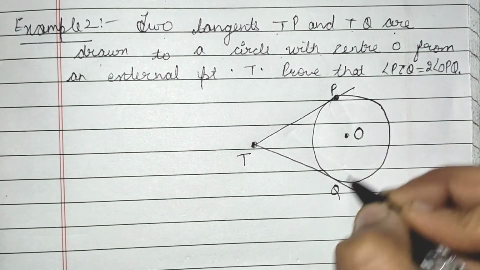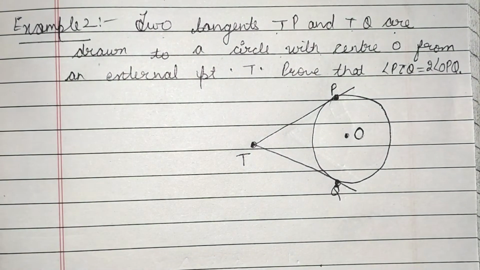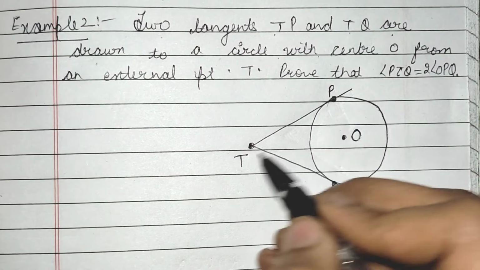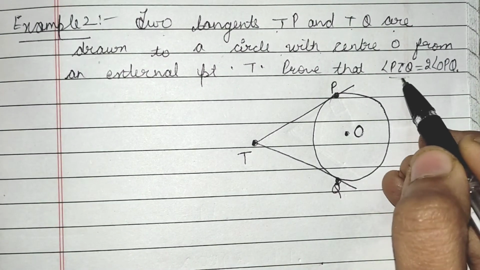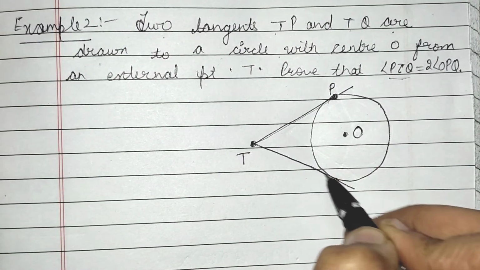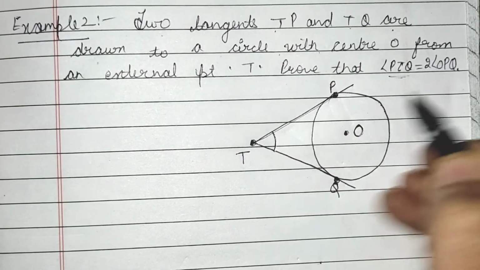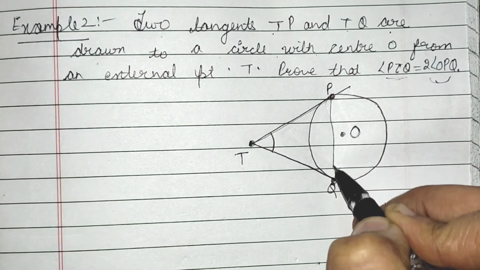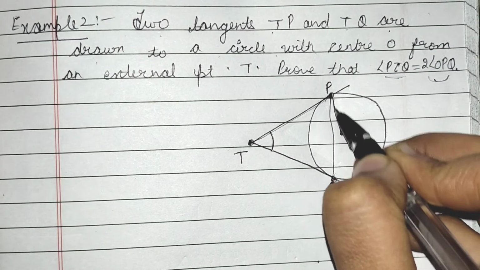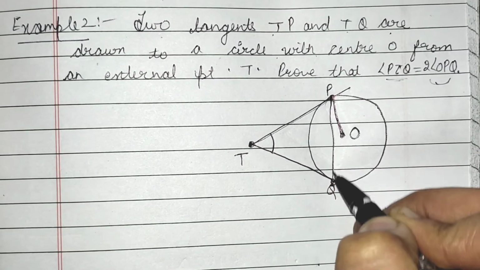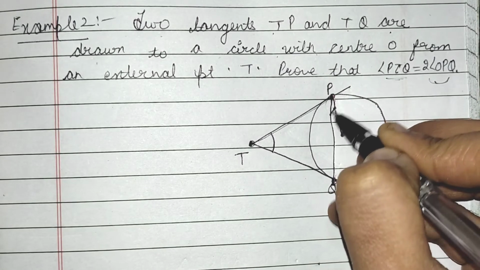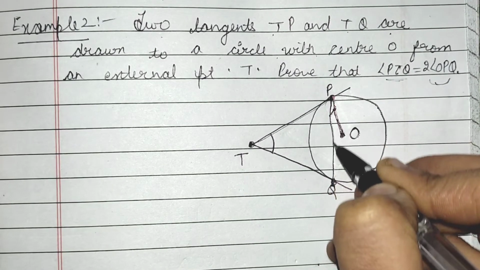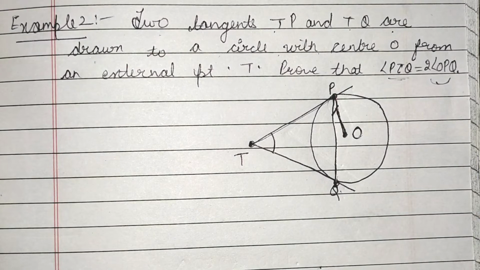Suppose this is point P and this is my point Q. Okay, so we have to prove that my angle PTQ is 2 times my angle OPQ. So let us join these lines. Angle OPQ. So I have to prove that this angle is twice of this.